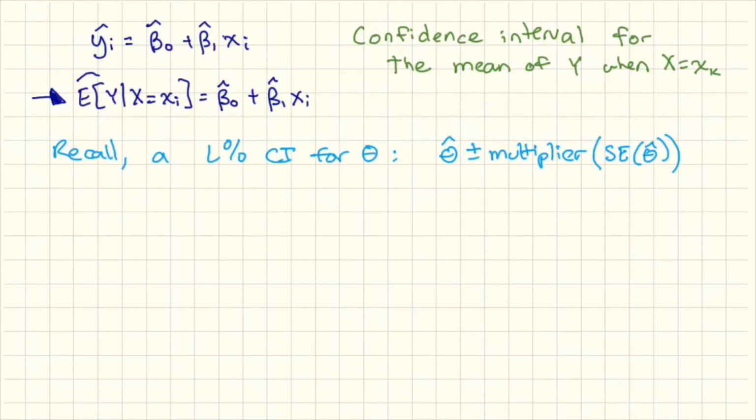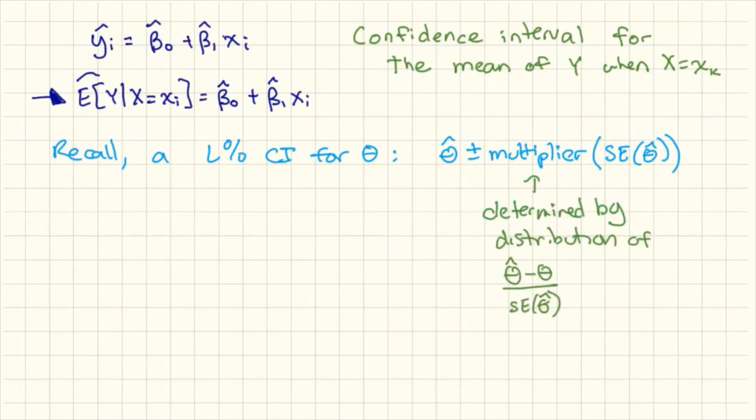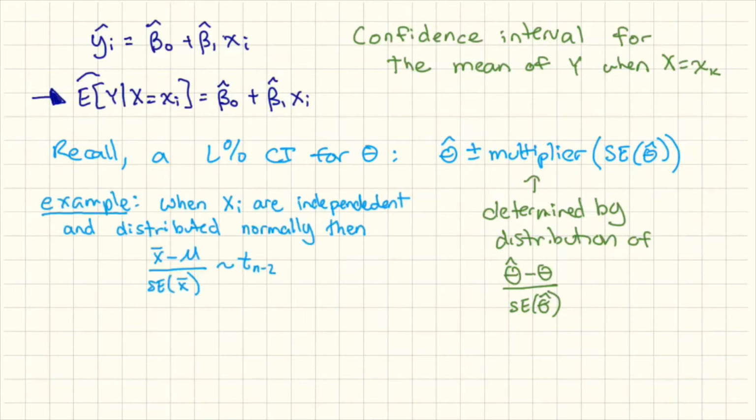When we're going to make a confidence interval, we're just going to use a normal confidence interval form. So you remember we do the predictor plus or minus some multiplier, usually like t or z, and then the standard error of our estimator. That multiplier is going to be determined by what distribution that test statistic has. So go back always to when we were doing the normal distribution stuff, because if we refer back to that, it's easier to realize what's happening because it's all kind of the same thing over and over again.